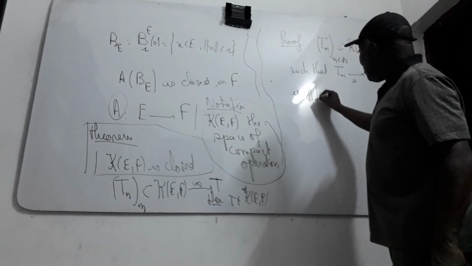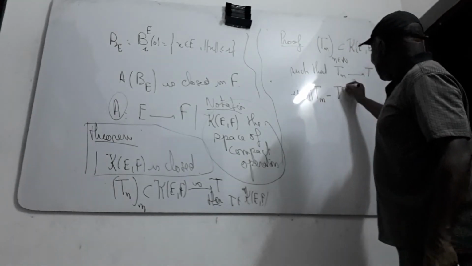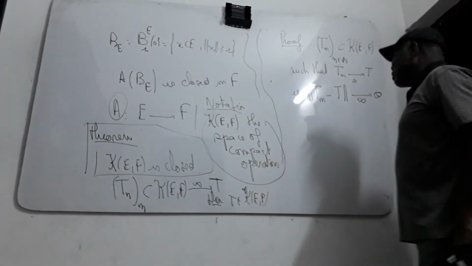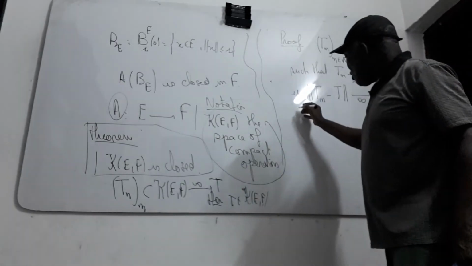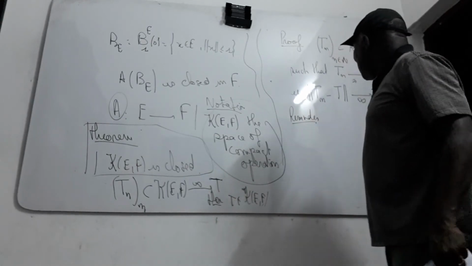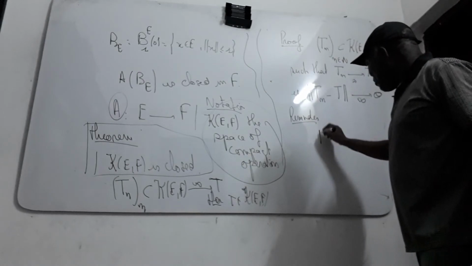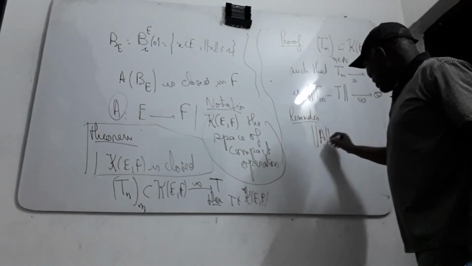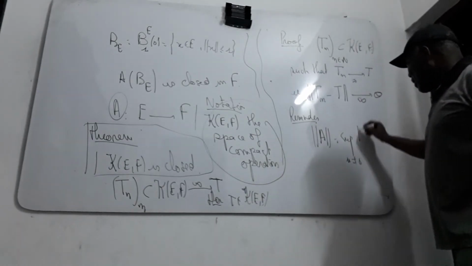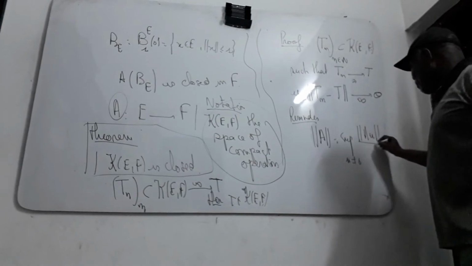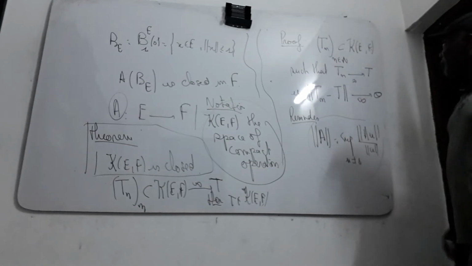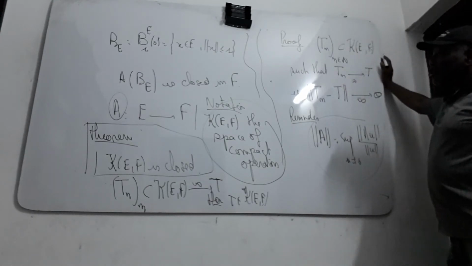That means that the norm of Tn minus T tends to 0 at infinity. I remind you the norm of A is the supremum for u not equal to 0 of the norm of Au over the norm of u.